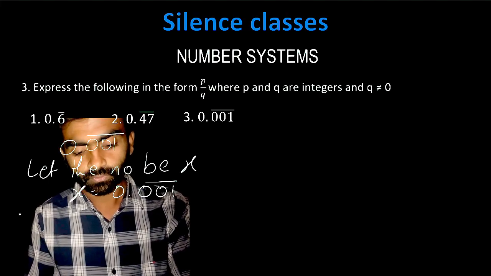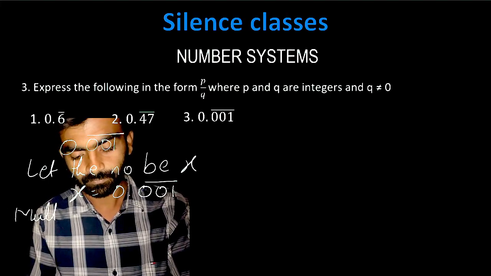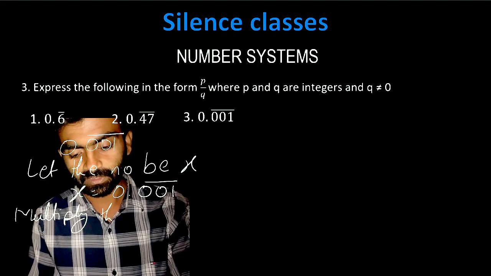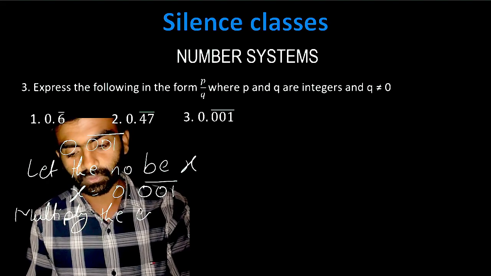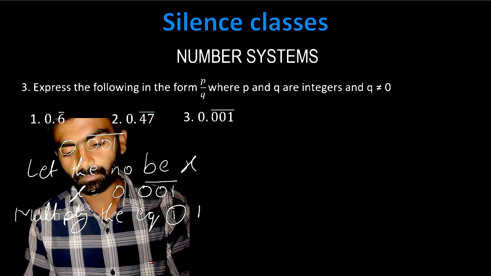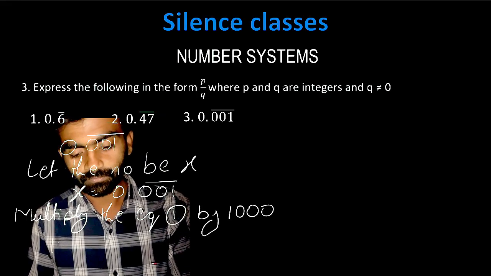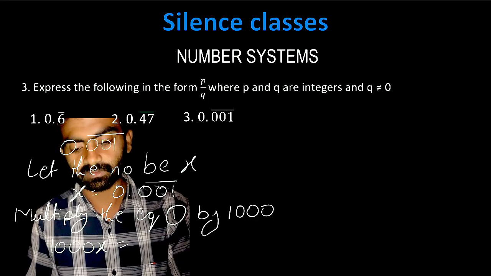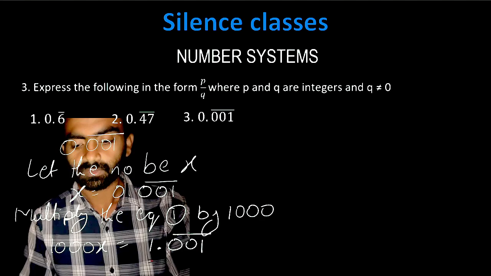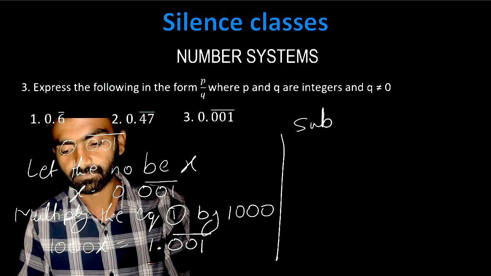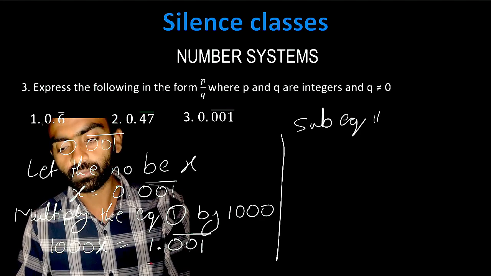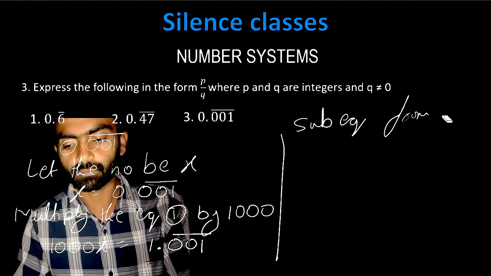Now we multiply equation number 1 by 1000. So it will become 1000x is equal to 1.001. Now subtract equation 1 from 2.